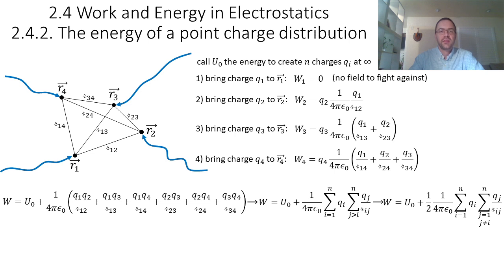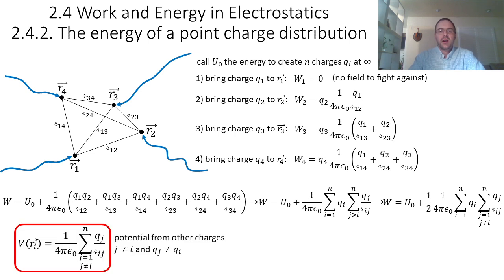But in that case, every term is counted twice, so you add a factor 1/2. The last sum times 1 over 4 pi epsilon naught is in fact the potential from all the other charges. So let's write this potential V at position Ri is equal to 1 over 4 pi epsilon naught, sum over j goes from 1 to n and j different from i of Qj over curly R ij.